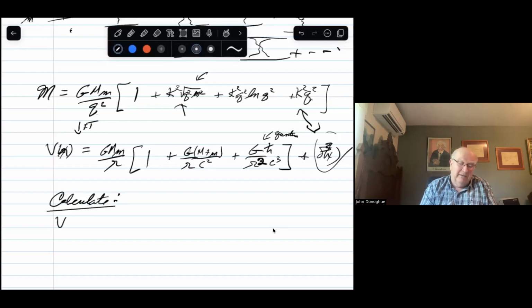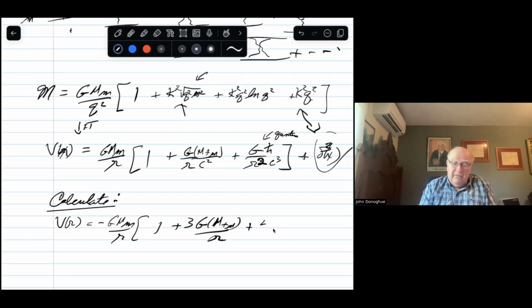you get an answer, which is V of r is minus G M over r, 1 plus 3 G (M plus m) over r, plus 41 over 10 pi G h bar over r squared.